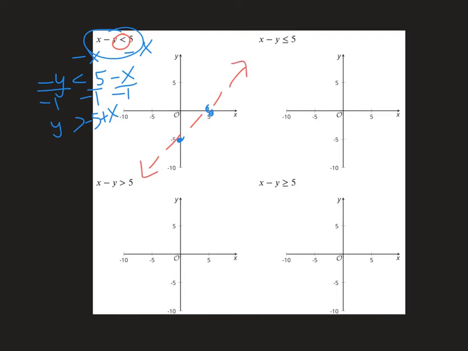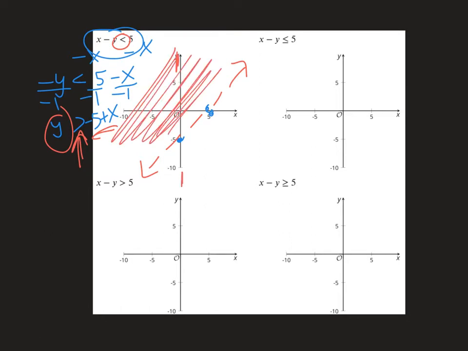And now we're looking for where are all of the y values greater than this value. Well, when I think about y values being greater, I think about going up. All the y values up here are greater than the y values down here. So all of this region is going to be my success region.